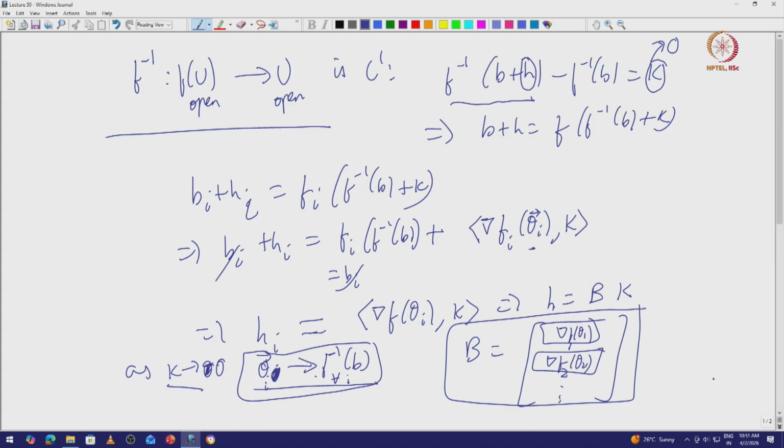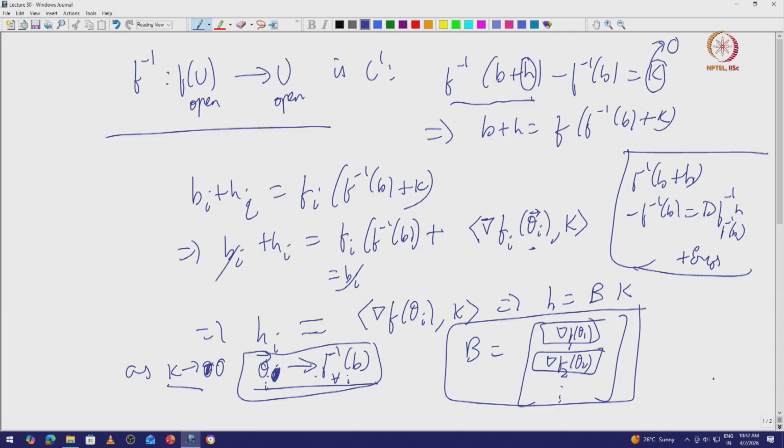what do we want to prove? What we really want to prove is the following: f inverse of b plus h minus f inverse of b equals the derivative of f inverse, which is df at the point f inverse b times h plus some error term. And how must this error term behave? The error term divided by norm h must go to 0 as h goes to 0.